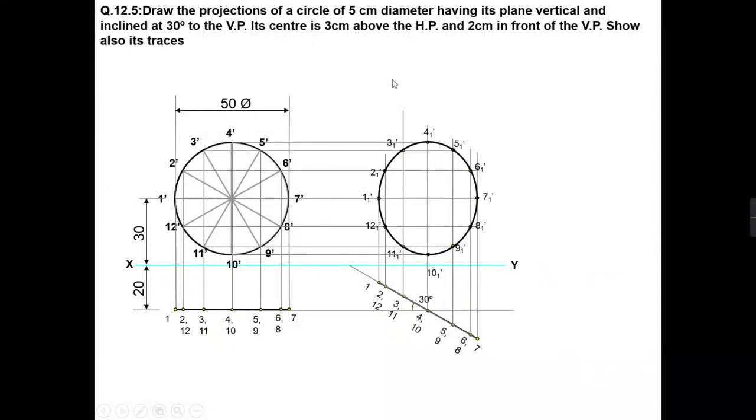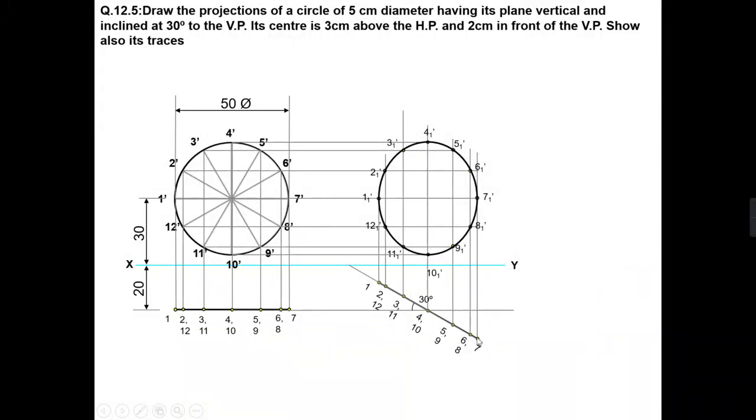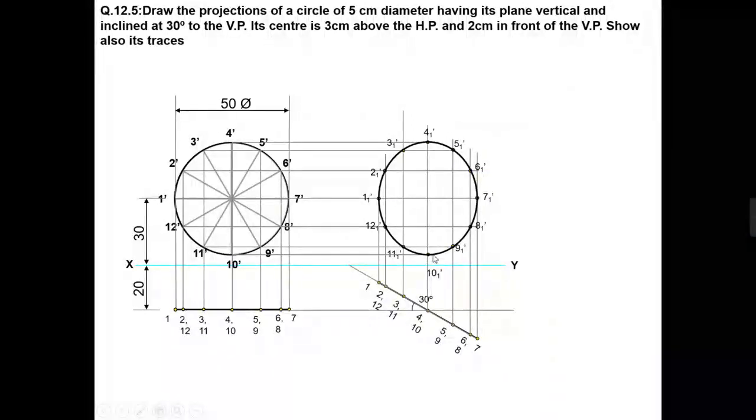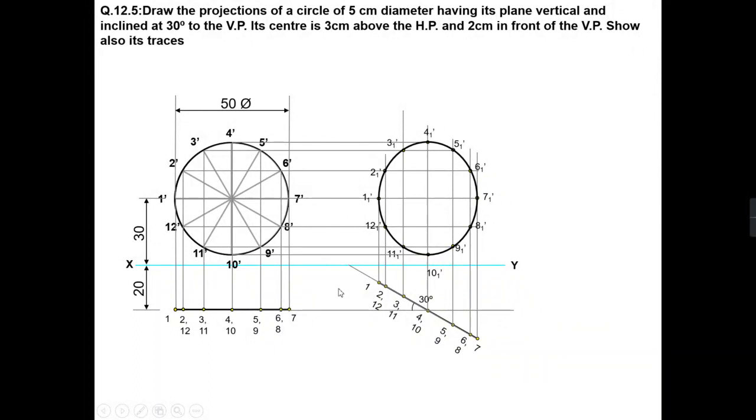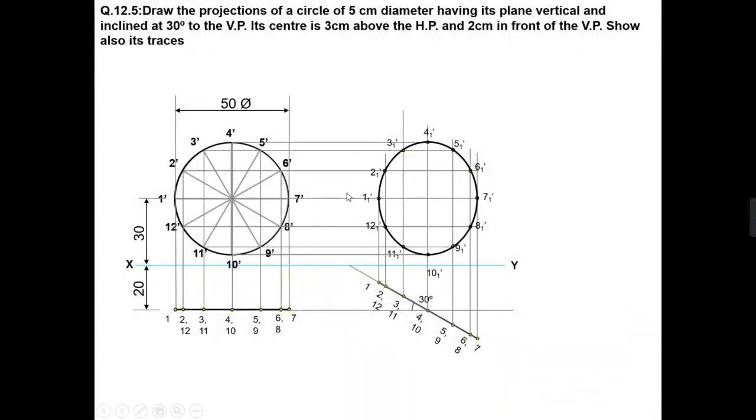Now you have to mark the traces. This will be your horizontal trace, right? To get the vertical trace, you should extend the top view up to the XY line. Then from that point you should draw a vertical line, that is a projector, and you should extend the front view up to that vertical line. It is not marked here.